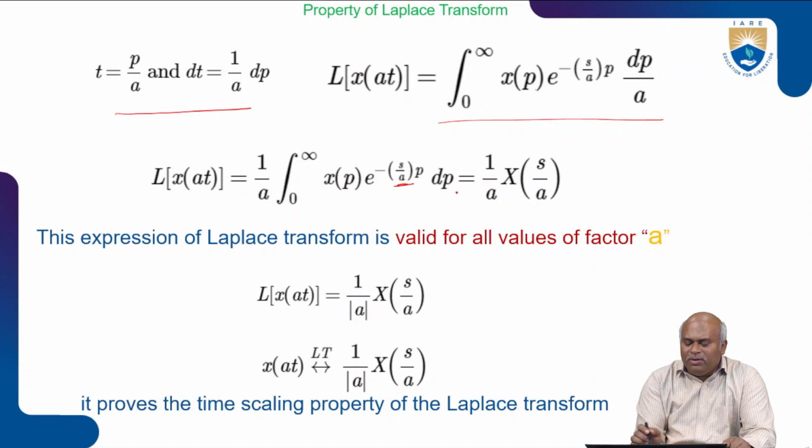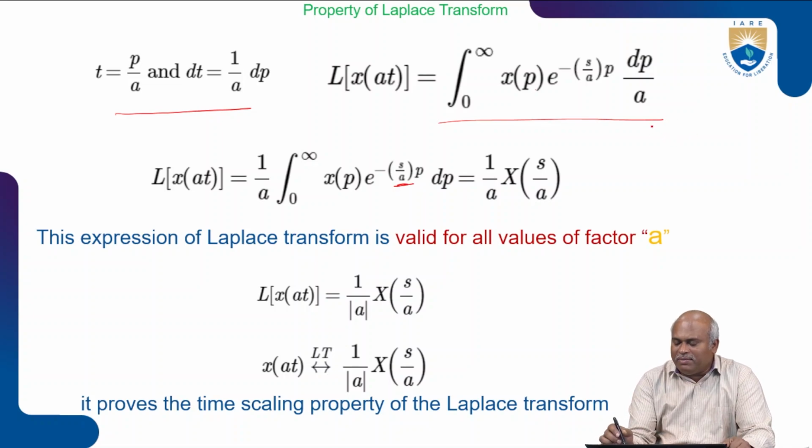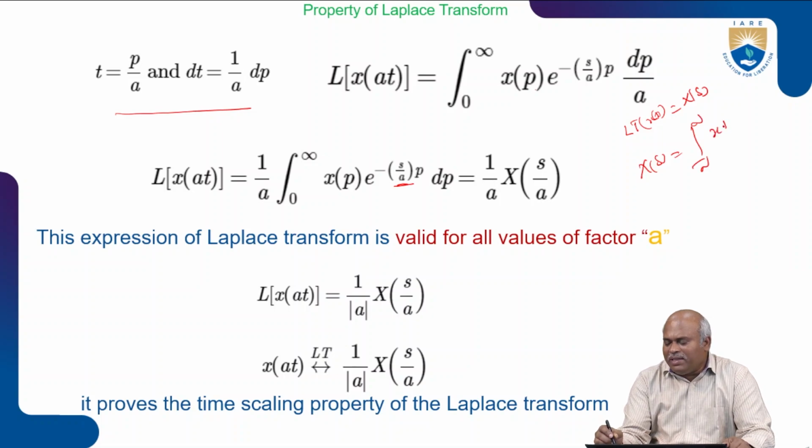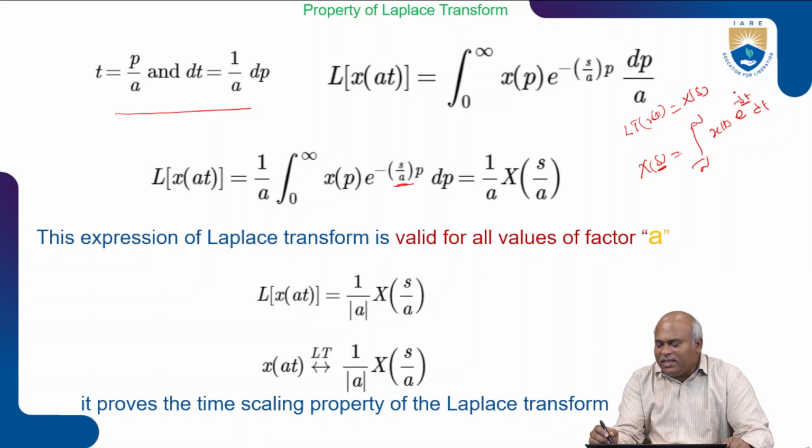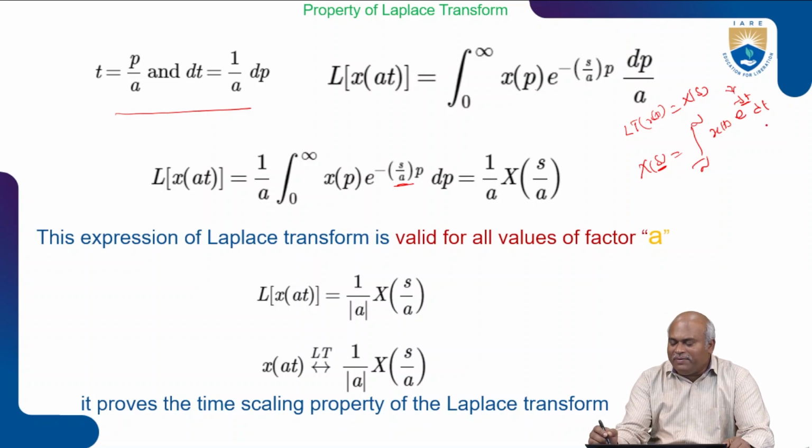Now the previous case of Laplace transform: the Laplace transform of x of t is equal to x of s, where x of s equals the integration of minus to plus infinity x of t e power minus st dt. Here s is there, but in the place of s it is now s by a.